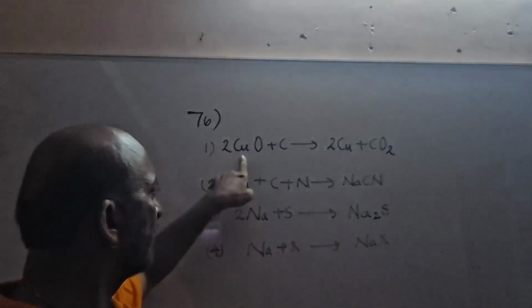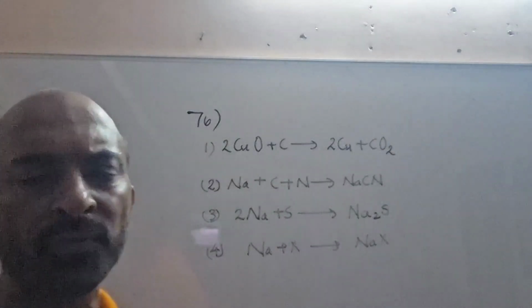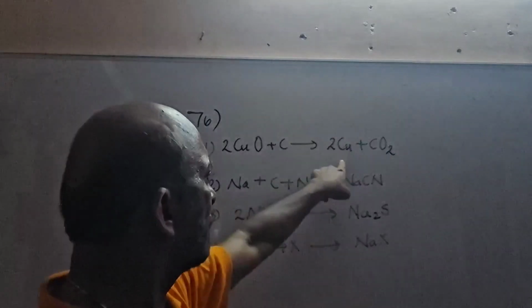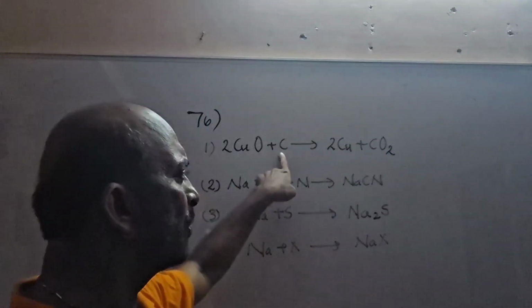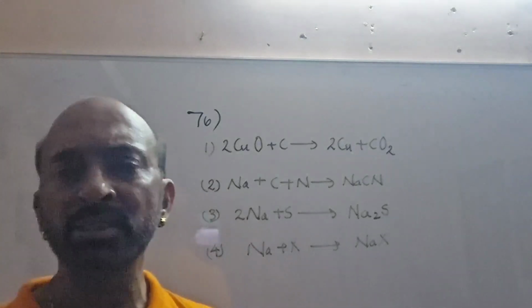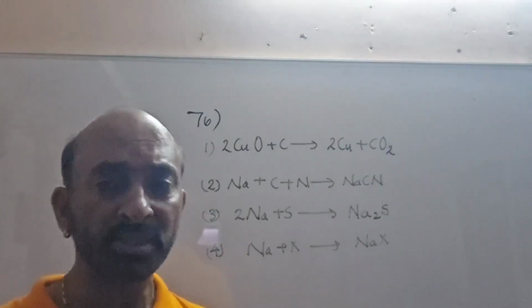But this, where the organic compound is strongly heated with pellets of cupric oxide, whereby cupric oxide gets reduced to copper and the carbon in the organic compound is oxidized to carbon dioxide. That carbon dioxide's presence can be detected by using lime water, which turns milky.